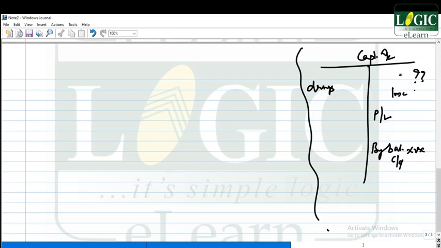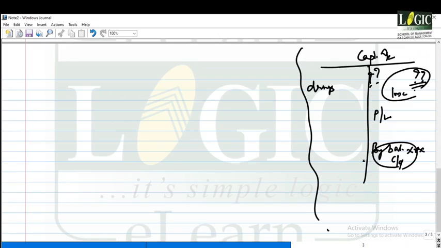Why should you reach here? You should reach here to compute interest on capital because interest on capital is not calculated on closing balance. Interest on capital is not calculated on closing capital, but it should be calculated on opening capital. So how to reach this point from this point?